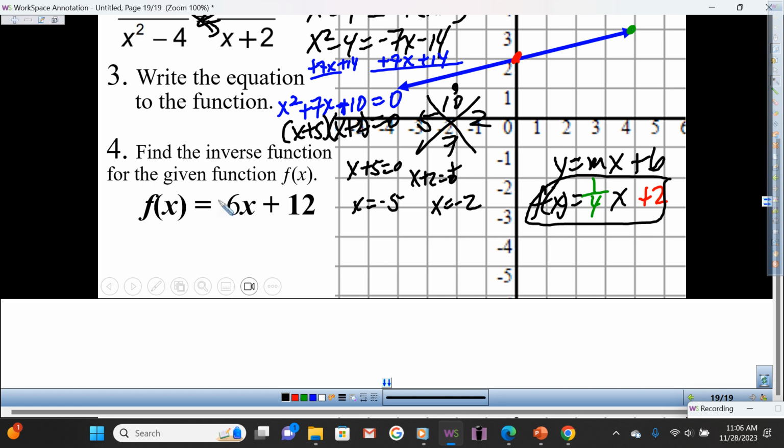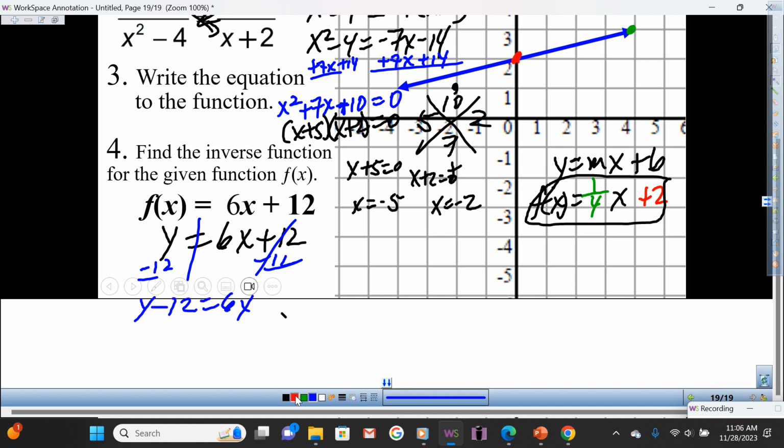And last but not least, inverse. We change this to y. And then we solve for x. Line down the equal sign, -12 minus 12. We got y minus 12 equals 6x. Divide by 6. So I'm left with y minus 12 over 6 equals x. Is that the inverse?